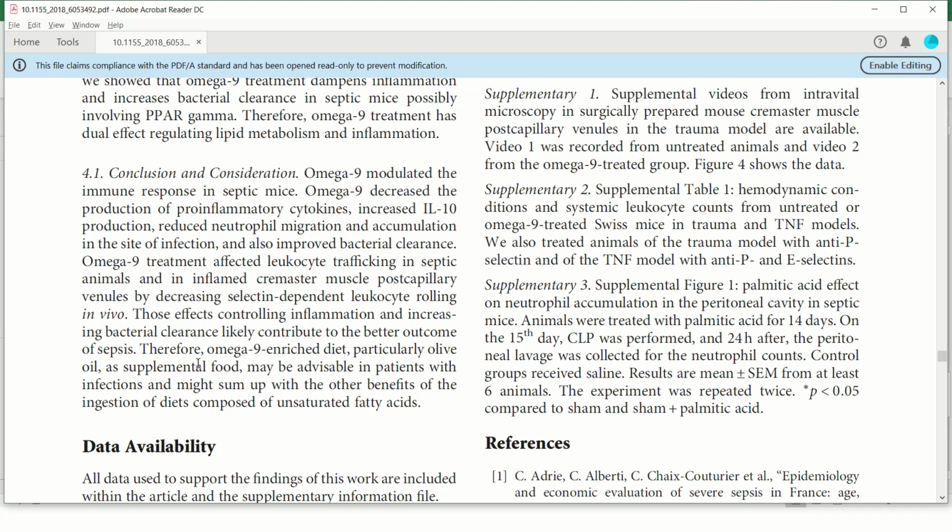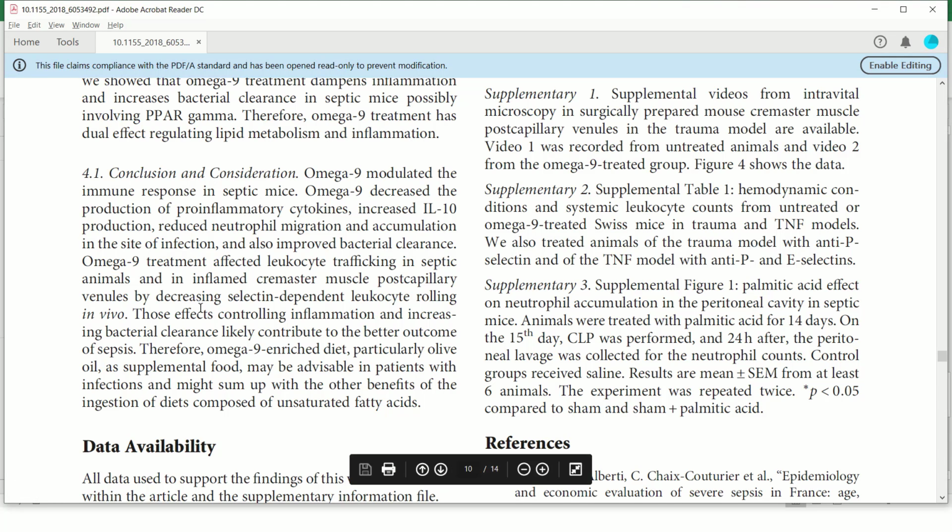Look at that. They have done one test which may be absolutely biased, but based on that, therefore, an omega 9 enriched diet, particularly olive oil, as supplemental food, may be advisable in patients with infections.